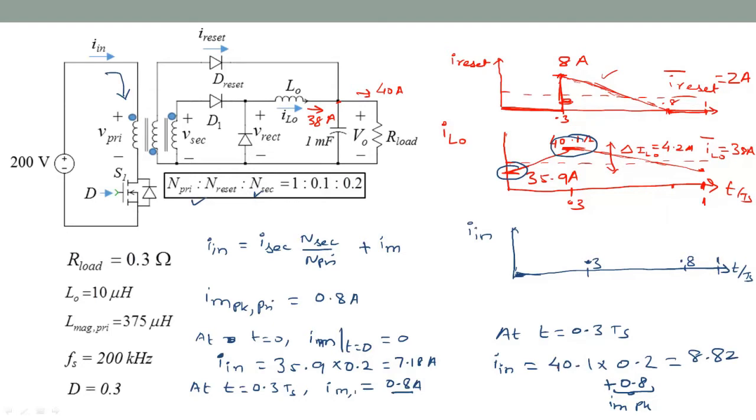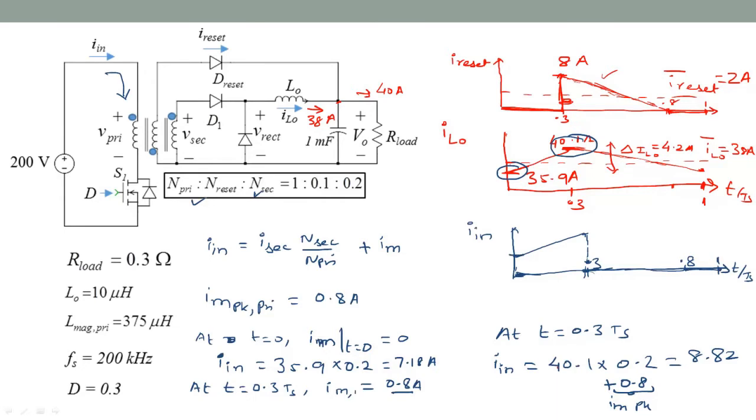Right, so I will draw the final input current In. So a value only during the on interval dTs, and then 0 for the rest of all the way up to 1.